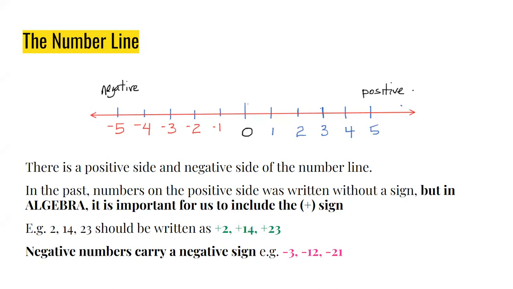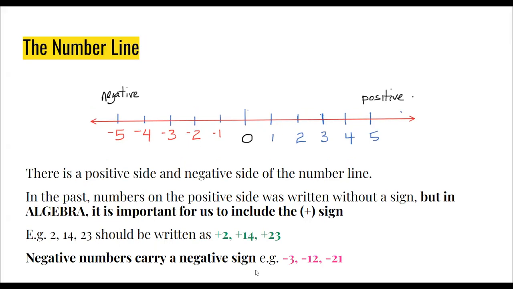To the left of 0, we have our negative numbers, and that as well goes all the way to infinity, right? Now that we're getting into algebra, we're going to come across both positive and negative numbers, and we have to learn how to perform basic operations, which are addition, subtraction, multiplication, and division, involving these positive and negative numbers, right?